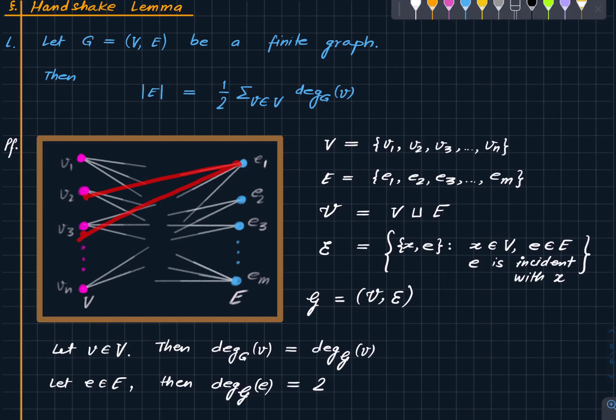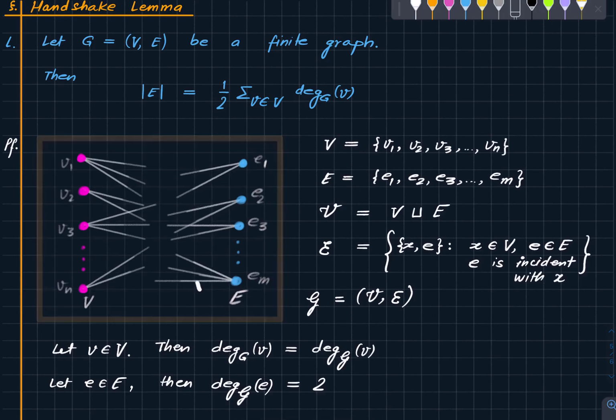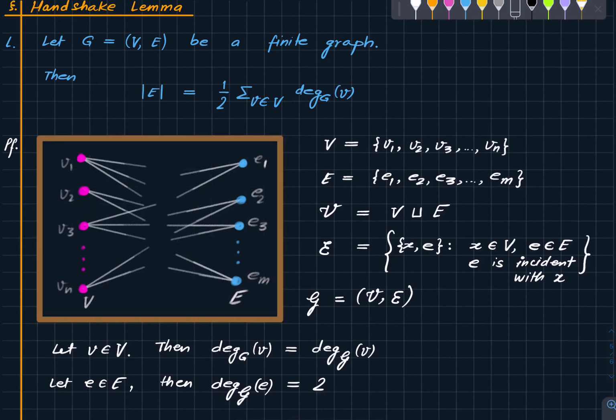Those vertices which were endpoints of this guy in the original graph. But every edge in the original graph has exactly 2 endpoints. Therefore, the degree of this guy is 2. And hence, this picture is much better or more accurate if I delete these extra edges that we had. So this is a more accurate picture of the graph fancy G.